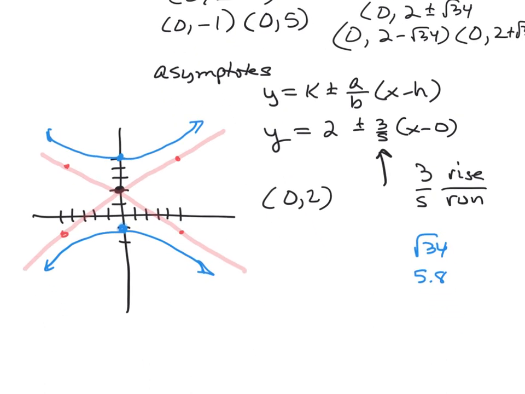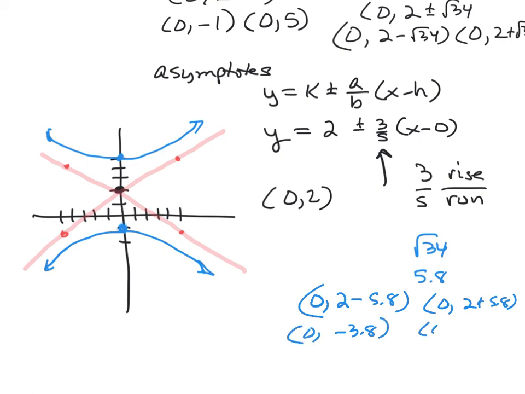It's close to 36, which is 6. So I'll do 2 minus 5.8, and 2 plus 5.8. So negative 3.8, and over here, 7.8. So we can go ahead and graph that. I can put a focus there and another one here.